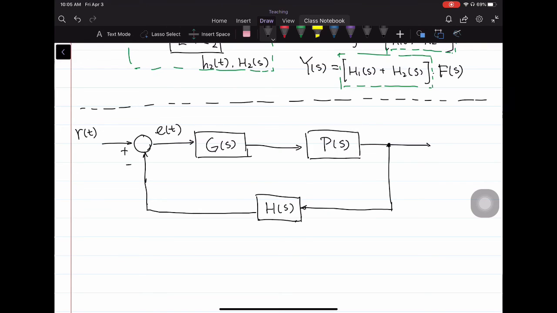So we're looking at this system. Of course, instead of having 2 blocks, we have 3 blocks. For this system, it's usually easy to look at things in the frequency domain, meaning in terms of their Laplace transform.